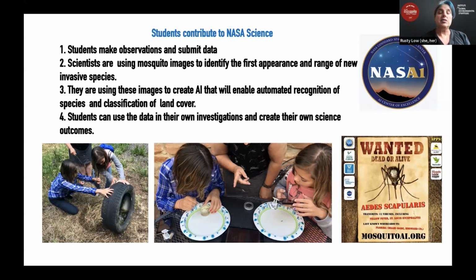And there are scientists that are using our data in 6 different projects funded by NASA and the National Science Foundation. So everything the students collect is being used by science. And of course, the most important thing for us is that these data are available and they can be used by students for their own investigations, and they can create their own science outcomes.